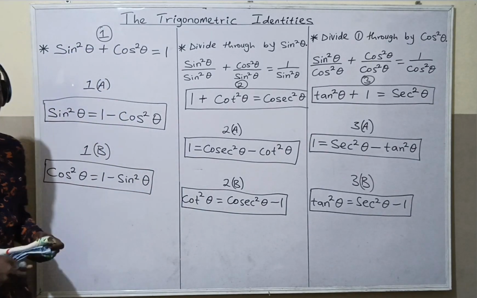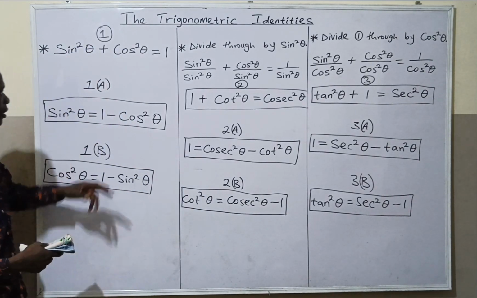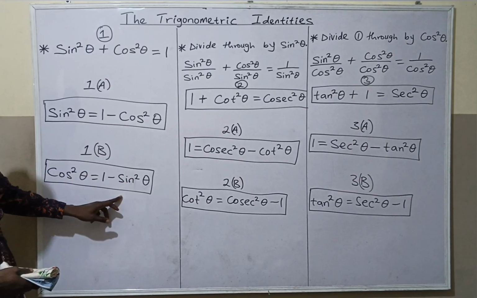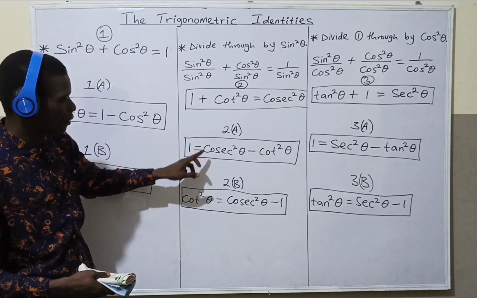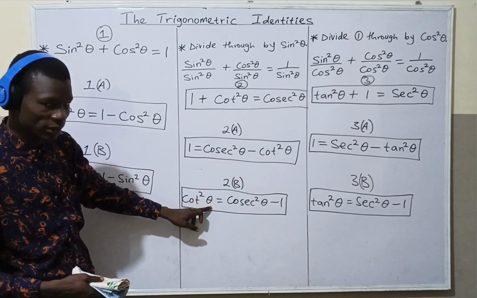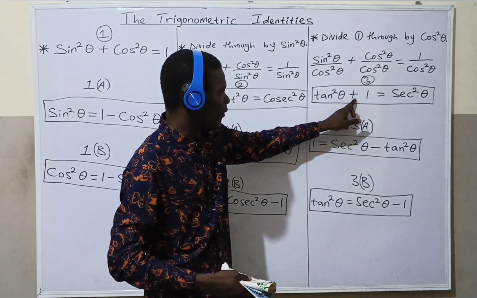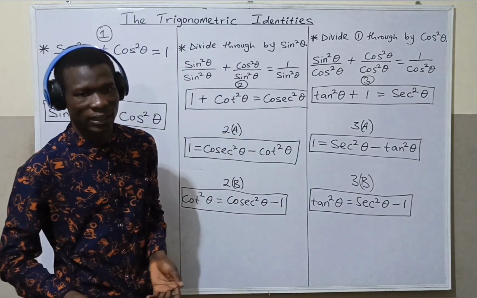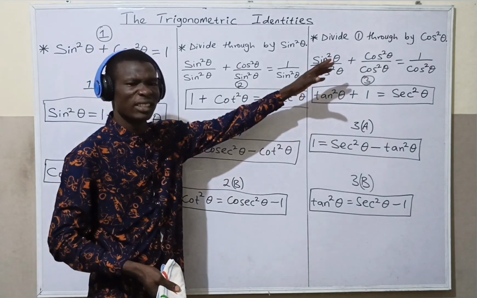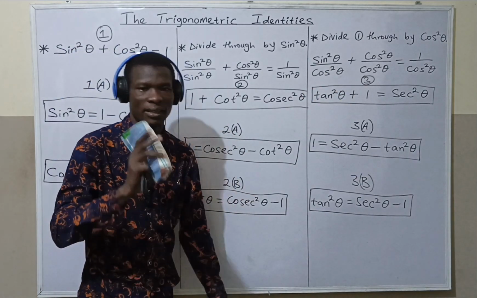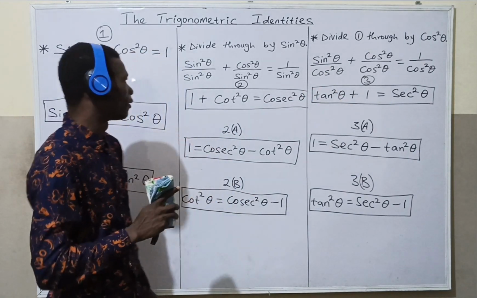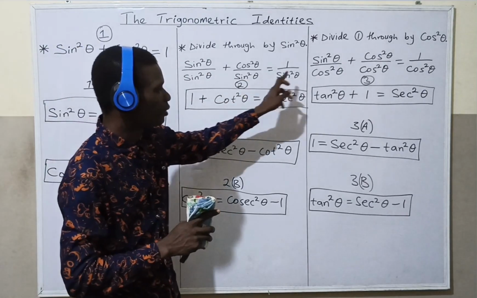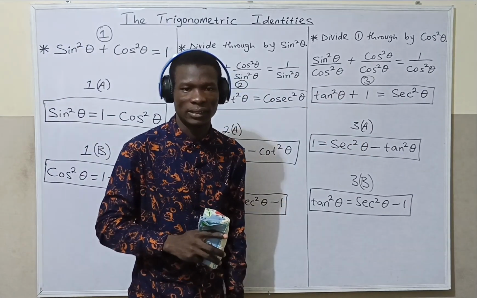So how many identities are we having in total? This is 1, 2, 3, 4, 5, 6, 7, 8, 9. And like I said earlier on, these 9 identities came up from just 1, 2, 3 identities.